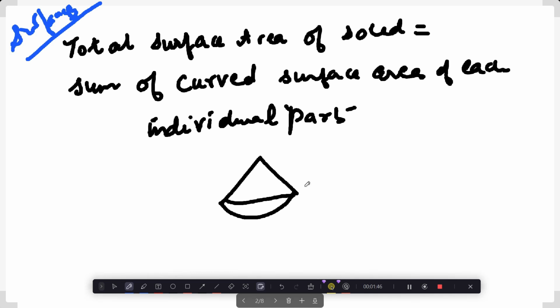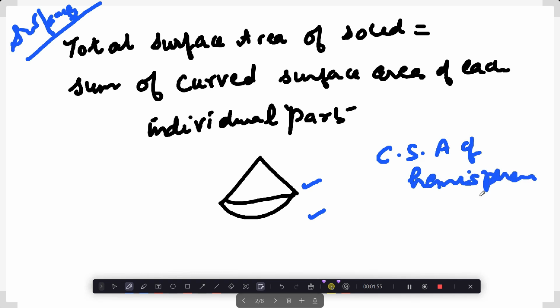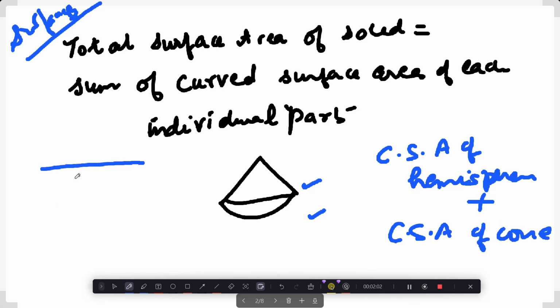For example, in this case it will be the curved surface area of the hemisphere plus the curved surface area of the cone. The example we just saw was a shape with two hemispheres at the ends and a cylinder, so it will be the curved surface area of one hemisphere, the second hemisphere, and the cylindrical portion.